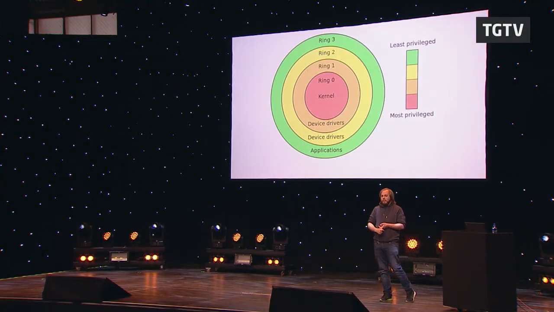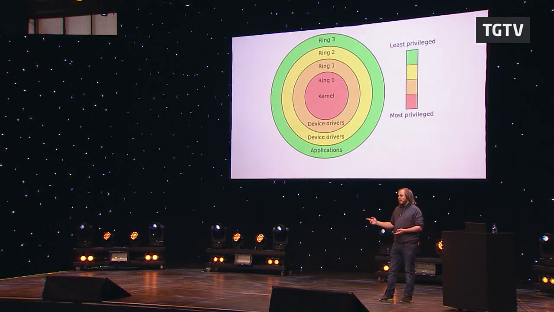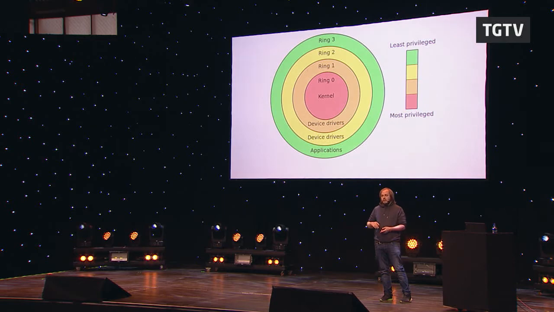Basically, what these mean is most of your applications like Skype, TeamSpeak, all that stuff runs in ring 3. They don't have access to kernel level functions. They can ask the kernel for I/O, memory access, stuff like that, but they don't have access to them themselves.